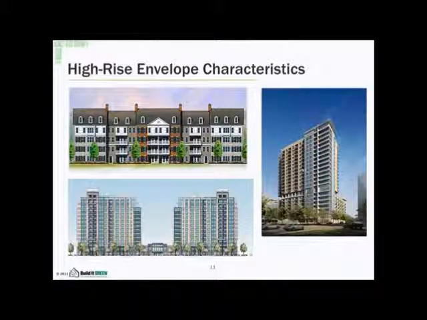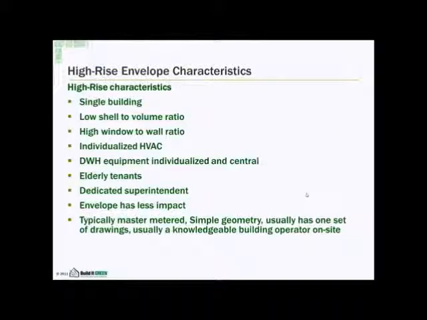On the right is pretty much what I typically see in the Oakland and San Francisco area, as well as Los Angeles. These high-rise buildings are mostly single buildings. You don't see garden-style high-rises. They're just one huge building.